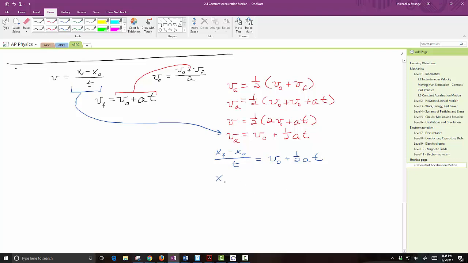So I get xf minus x naught is equal to v naught times t plus 1/2 a t times t, which is t squared, and then I move my x naught over. Xf equals x naught plus v naught t plus 1/2 a t squared. And that's your second kinematic equation.